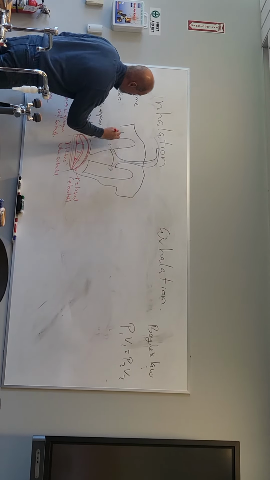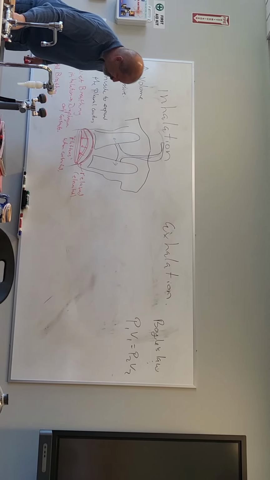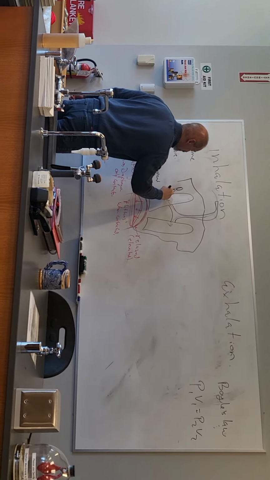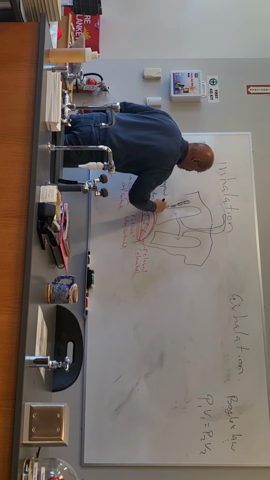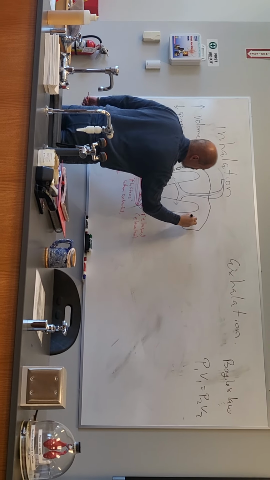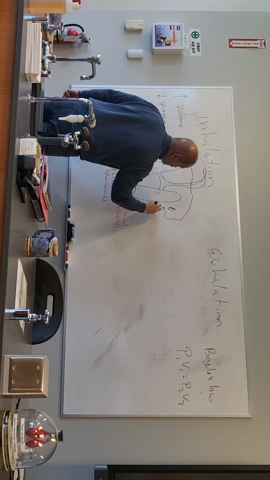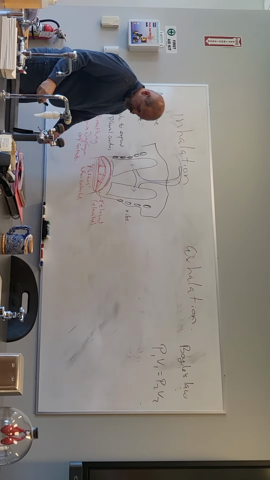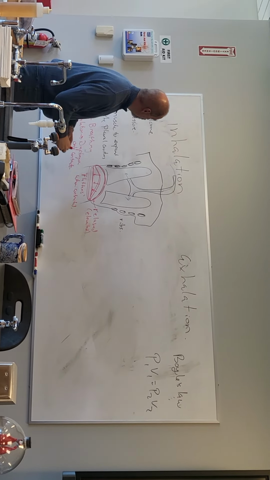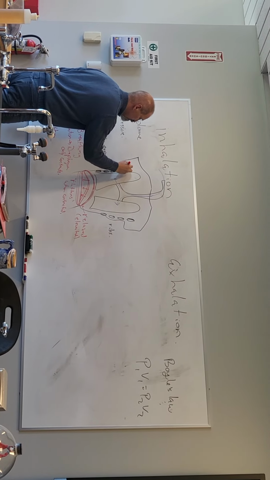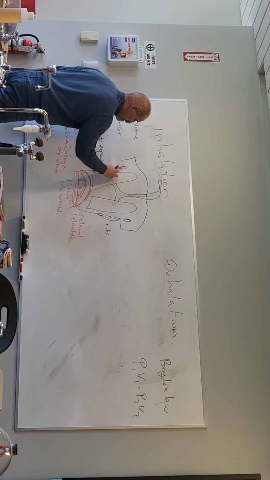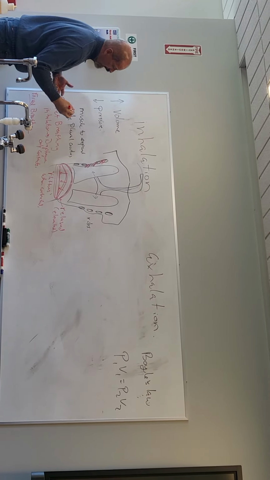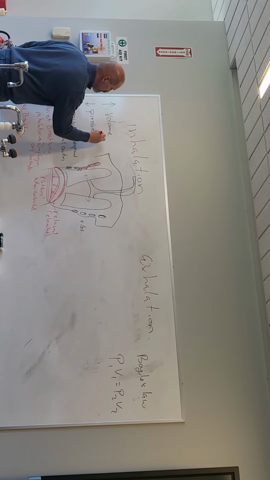So there, we're going to have to use the muscles that are between the ribs. We've got ribs out here. And some of the muscles between the ribs are the external intercostal muscles.